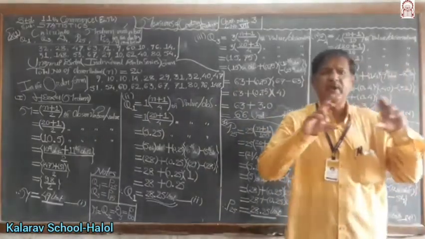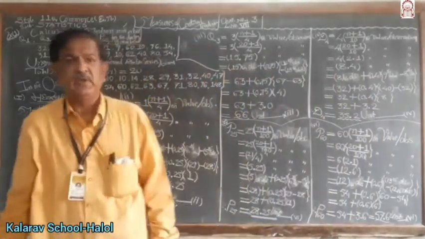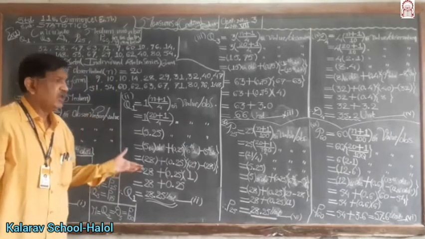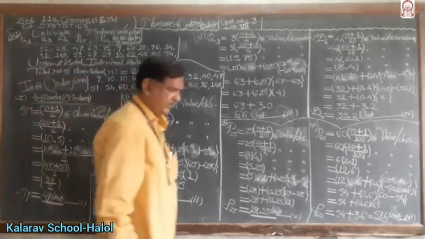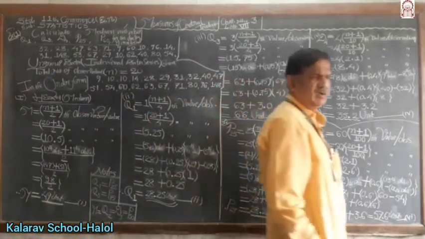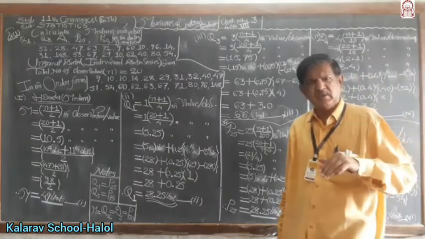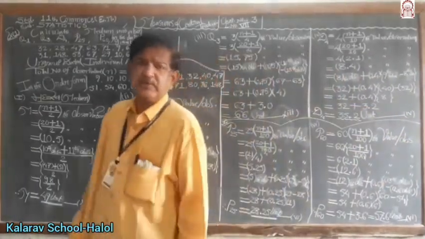This is the most important method in the calculation of quartiles, deciles and percentiles for ungrouped data, for individual type of data series. Practice very well the examples from the textbook, from illustrations, from the practice book as well as from the PDF.